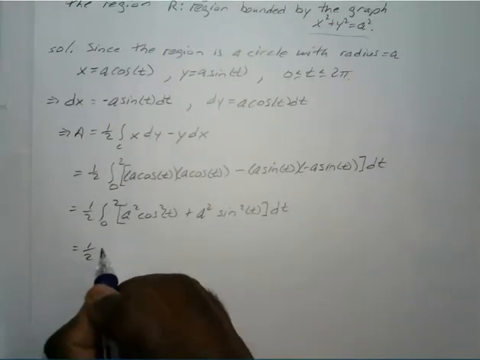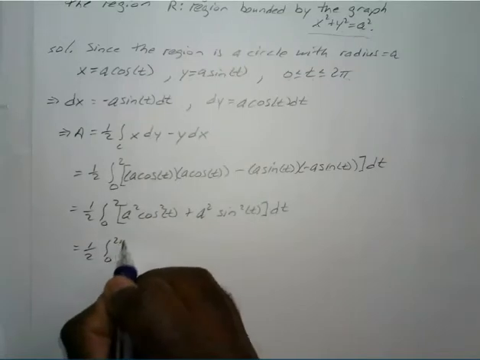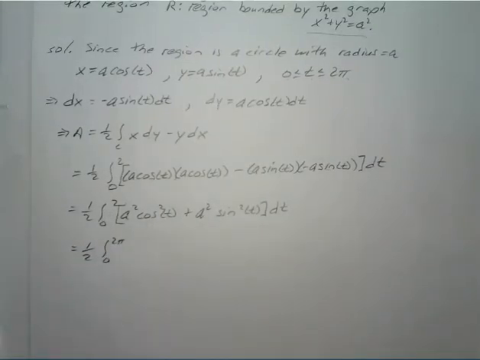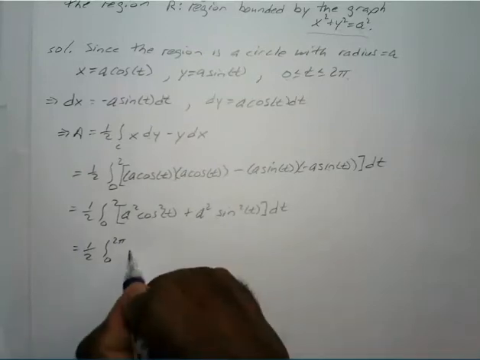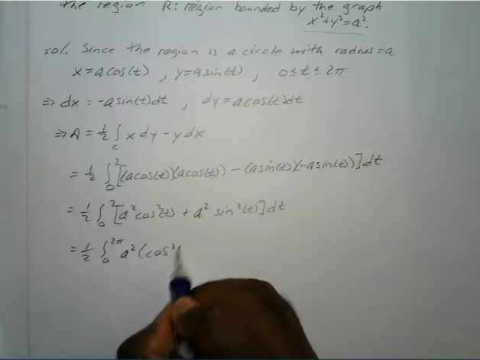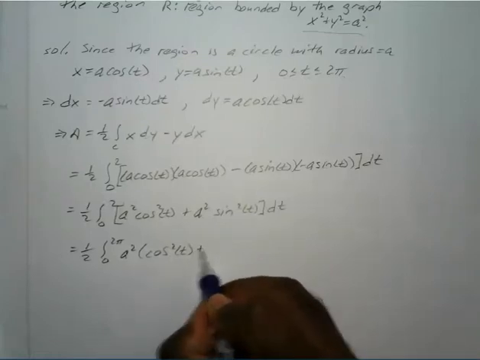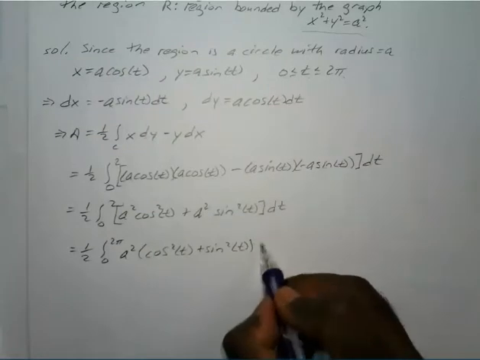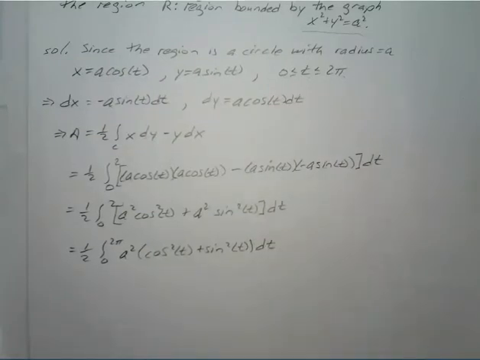That's equal to 1/2, again from 0 to 2 pi. If we factor out our a squared, we have a squared times cosine squared of t plus sine squared of t with respect to t.